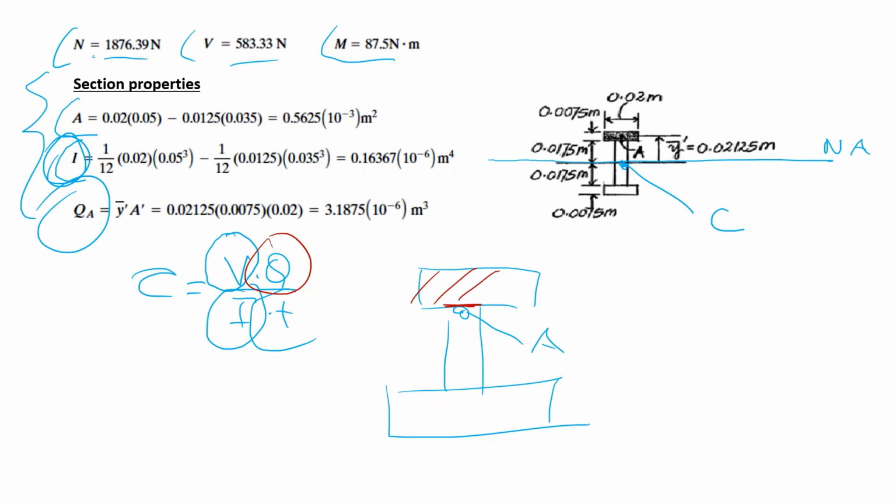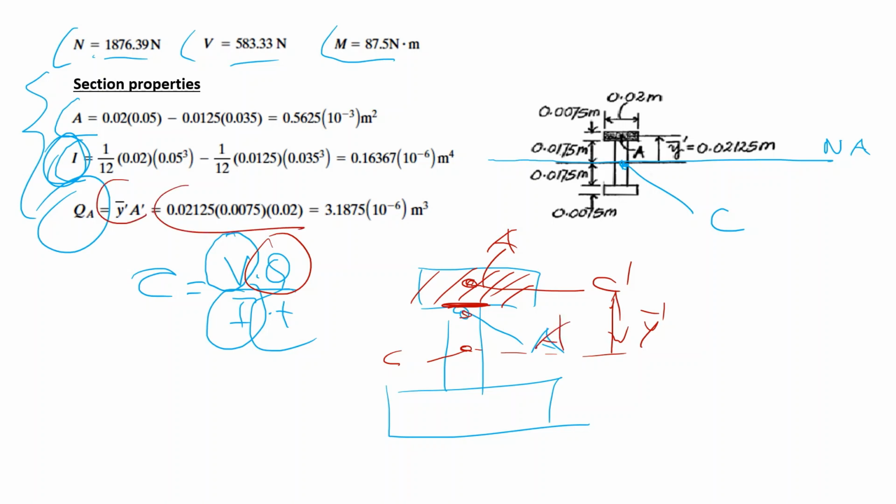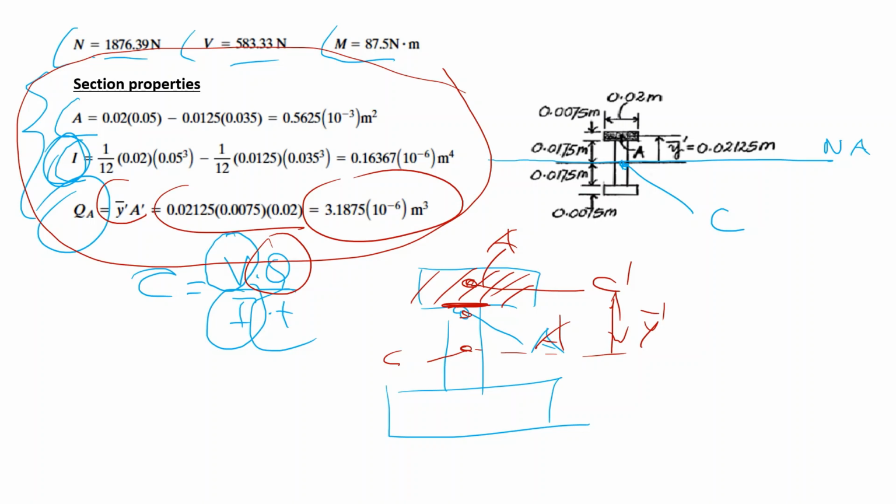I draw a line through point A, calculate this area, and determine the centroid of this area. I also have the centroid of the whole section. This distance is y bar prime. If you do this calculation, you find for point A that Q is 31875. So before the stress calculation, I first calculate these section properties. They're ready.